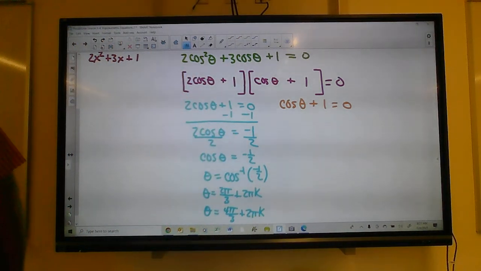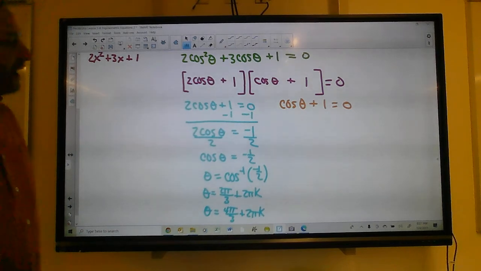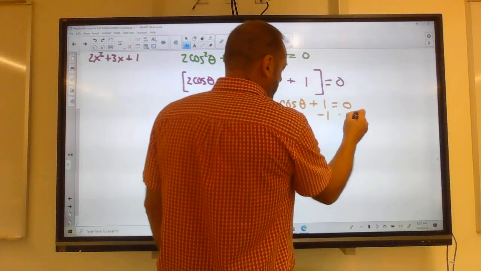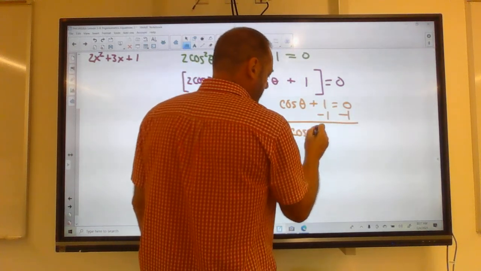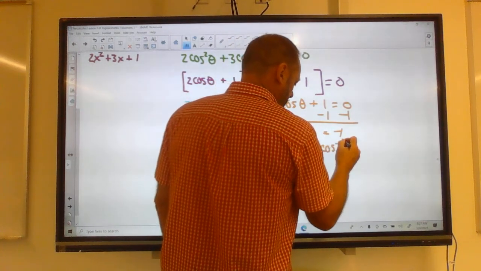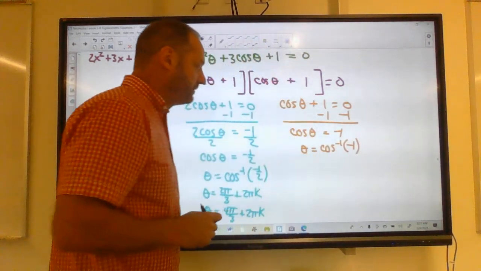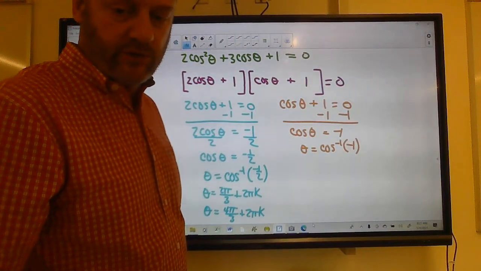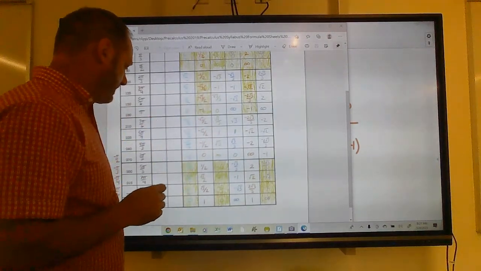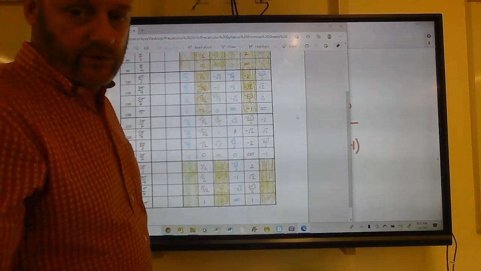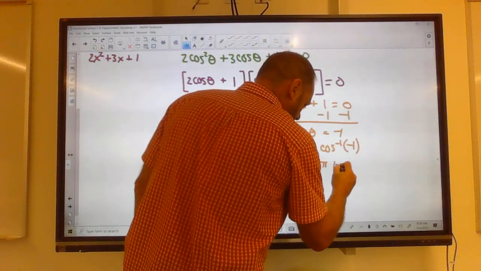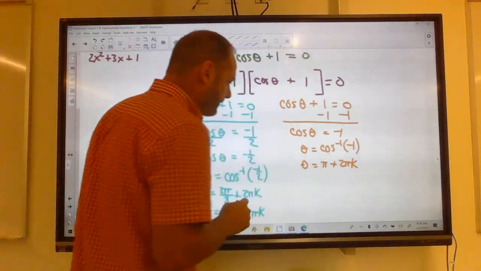And now we turn our attention to the orange one. So we're going to subtract 1 from both sides, and we're going to arc cosine negative 1. Okay, so consult your chart. Cosine is negative 1 at pi. So theta is going to be pi plus 2 pi k.